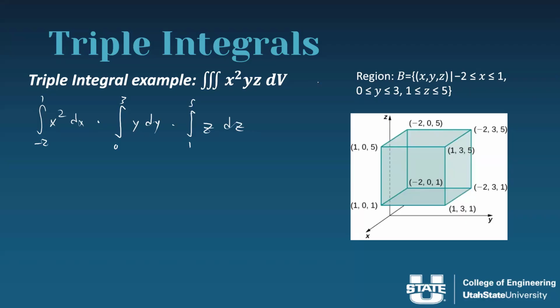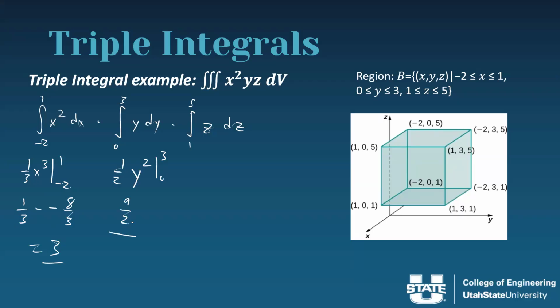Okay, so x squared is 1/3 x cubed evaluated from -2 to 1, which is 1/3 minus -8/3, which equals 3. And then we have 1/2 y squared evaluated from 0 to 3, which is 9 over 2.